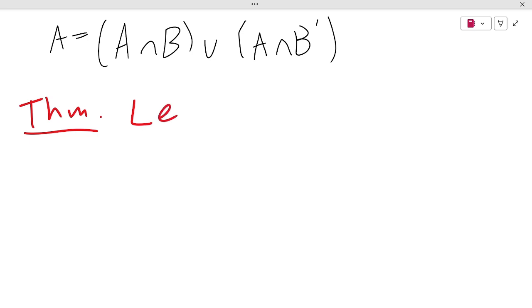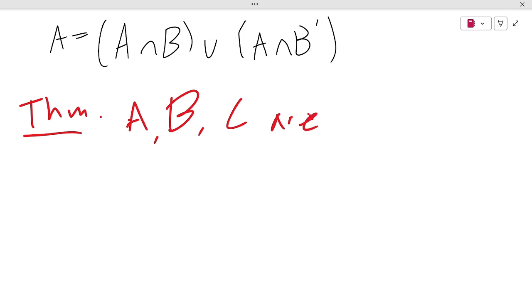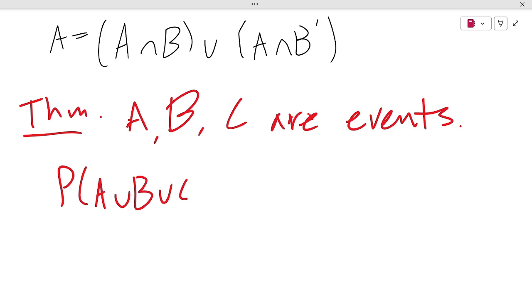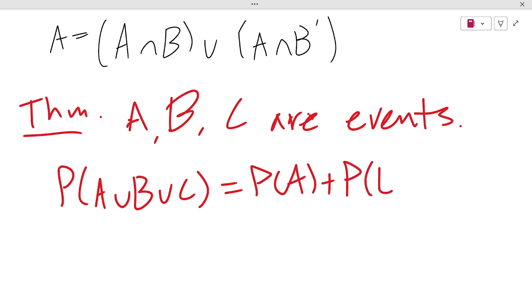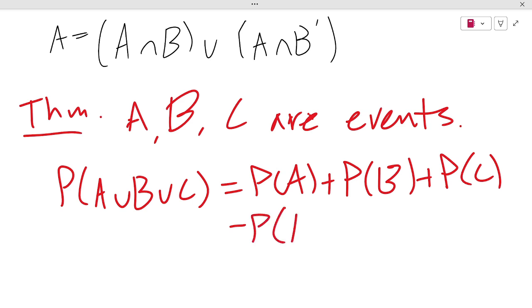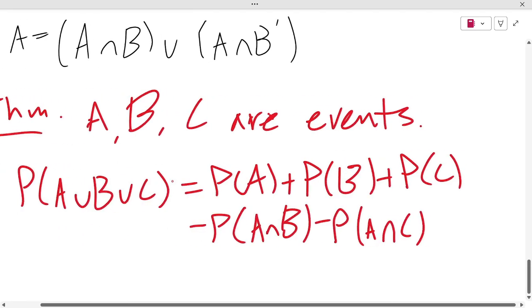This is if we have 3 events, A, B, C. Then the probability of A union B union C is equal to the probability of A plus the probability of B plus the probability of C, minus the probability of A intersect B, minus the probability of A intersect C. I'm going to run out of room, so let me scoot it this way.